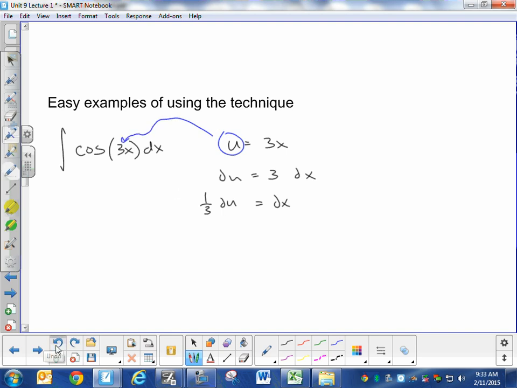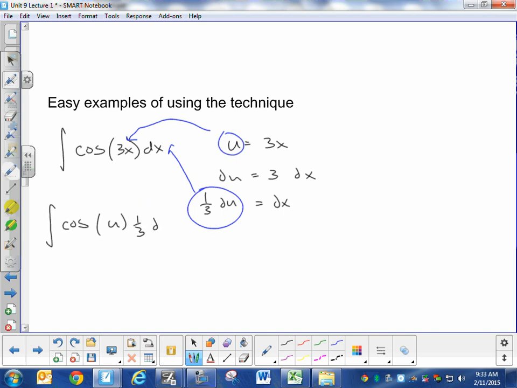I will substitute for dx, giving me a simpler function with just u's, cosine of u, and then this is 1/3 du. And if I want to rewrite it, I can. 1/3 cos u du.